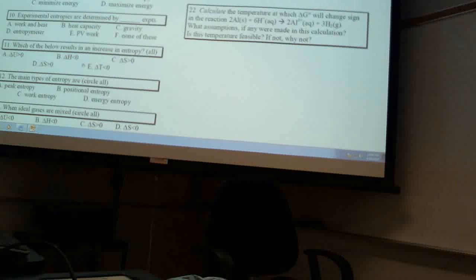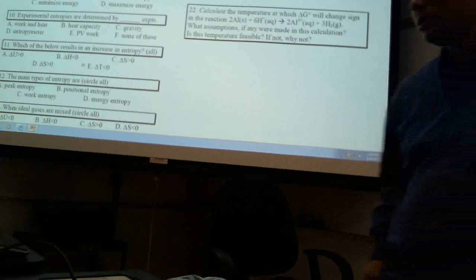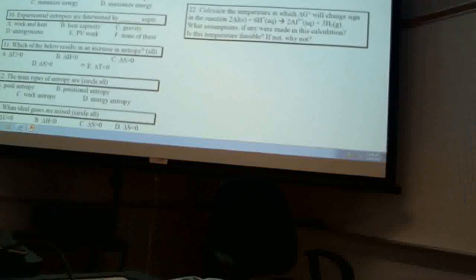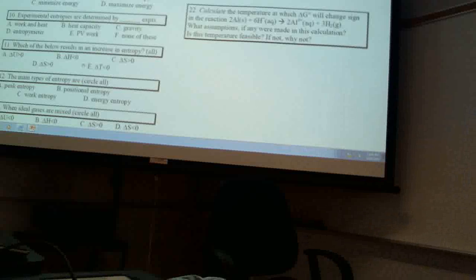But this could be tricky because if we're looking at something like, and so this is why this question is not sufficiently clear, or it can be tricky because if we're looking at something like this, H2O gas goes to H2O liquid. Here, we're decreasing the energy, so delta U less than 0.